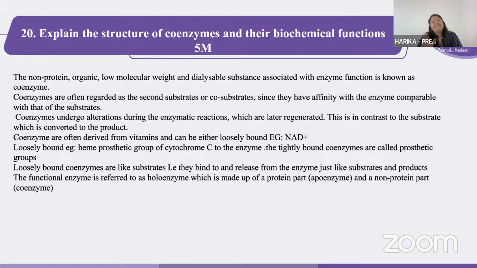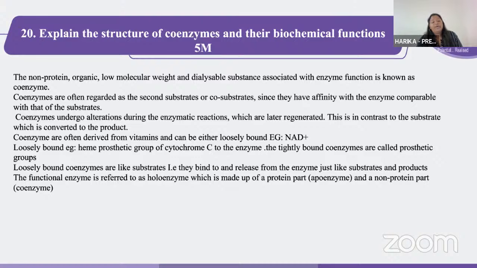They are often derived from vitamins and can be loosely bonded to the enzyme, for example NAD+, and also the heme prosthetic group of cytochrome C. This is also loosely bound. The tightly bound coenzymes are called prosthetic groups.